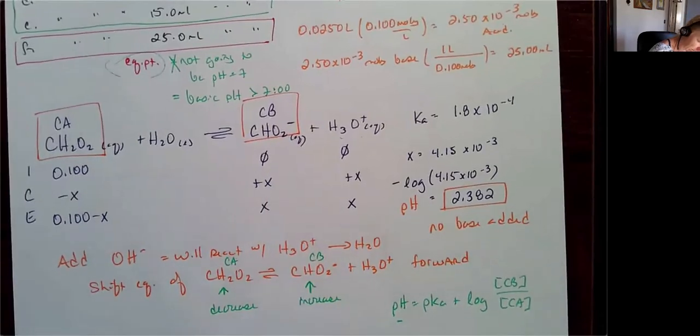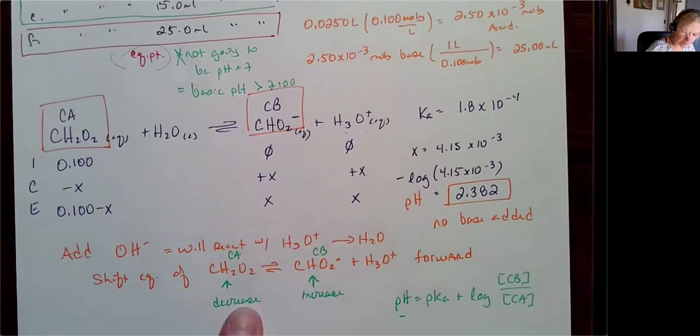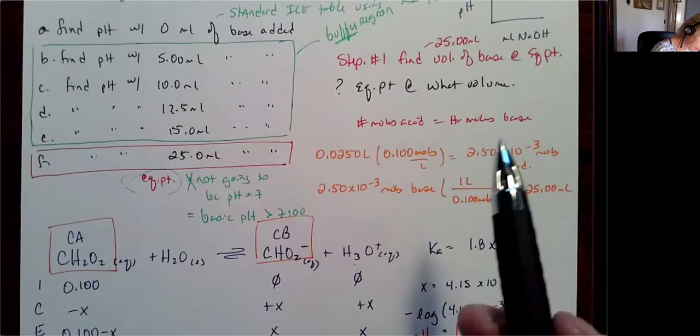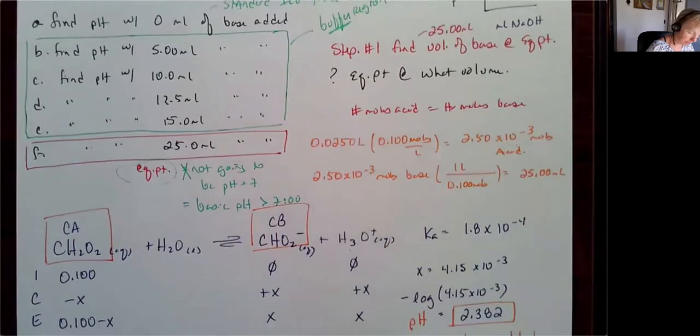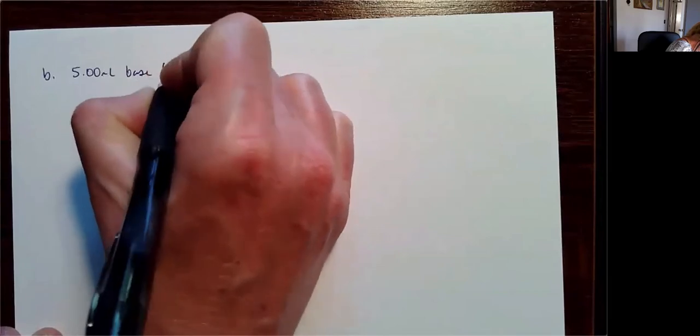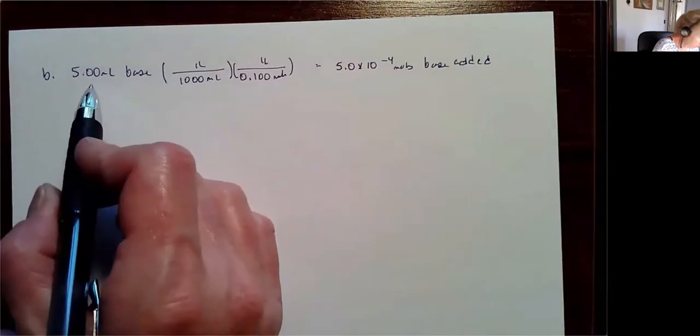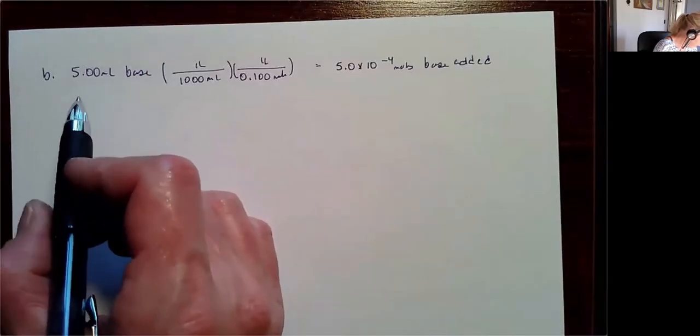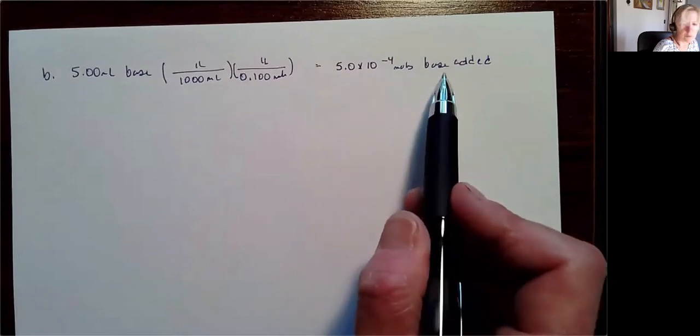All right, my initial moles of this were, if you remember up here, 2.5 times 10 to the minus, and I'm going to keep track of how my moles are changing. My first point is adding in 5 milliliters of base, so let's figure out how many moles of base that is. When I add in 5 milliliters, I'm adding in 5 times 10 to the minus 4 moles of base.